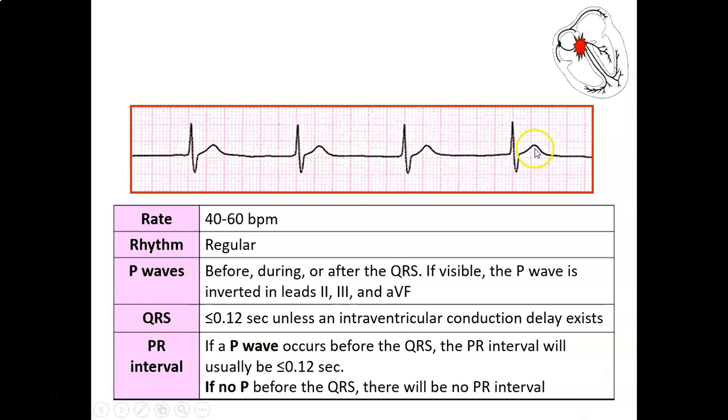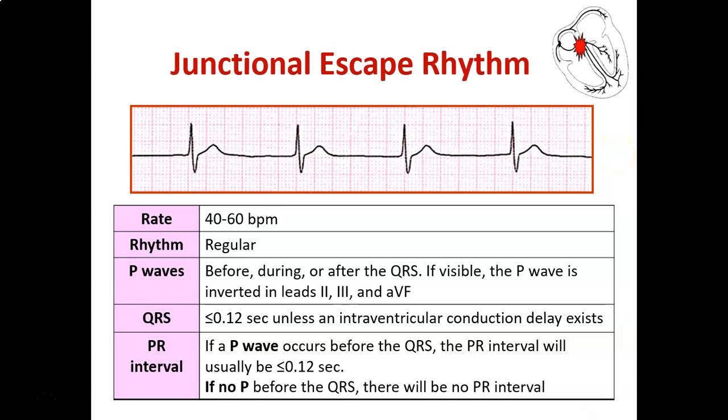That means it's above the ventricles, and PR interval may or may not be seen. But here in this example, no P waves, so no PR interval. So what's this rhythm? Yes, junctional escape rhythm.